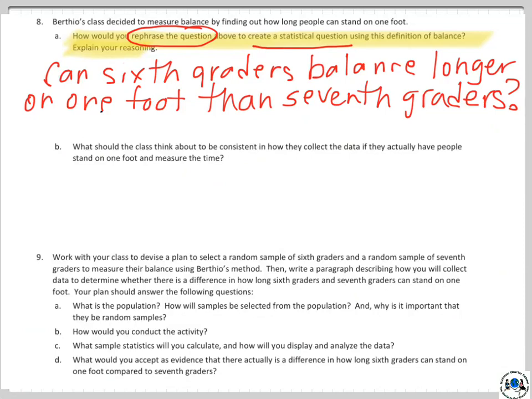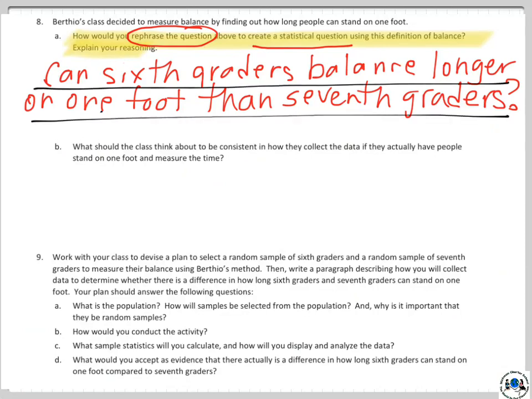Okay, you may use that as your hypothesis, but that's besides the point, because we're not dealing with hypotheses right now. But this question right here would be very simply a question that we can quantify. We can collect data. We can collect data in minutes, in seconds, etc. I doubt hours anybody's going to be balancing on one foot, okay?